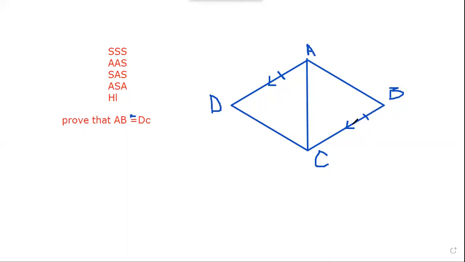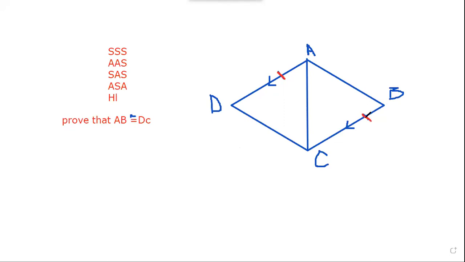Yes, miss. Okay, now we can prove that AB is congruent with DC, yes, Sama. We have to make what first? What is the given? He said that AD is parallel with BC, right? And he put a sign here; we have to translate the sign. And he said that AD is equal to BC.